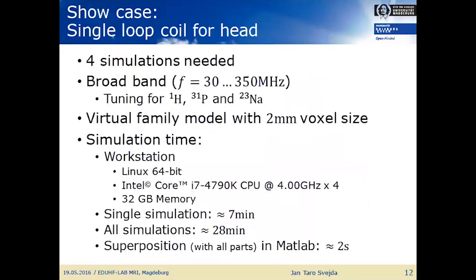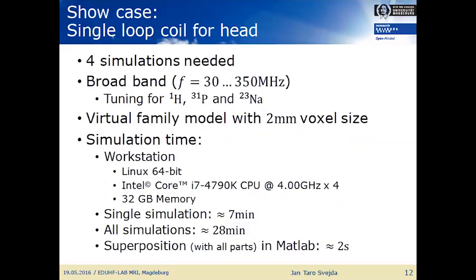What we need are 4 simulations because we have 4 lumped elements, let's say, 3 capacitors and 1 port. And due to FDTD, we can make a broadband simulation with just 1 simulation step. So the simulation is from 30 to 350 megahertz.